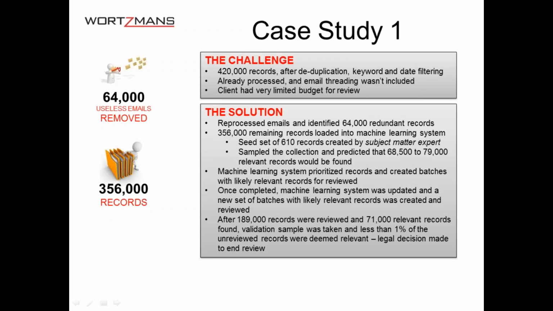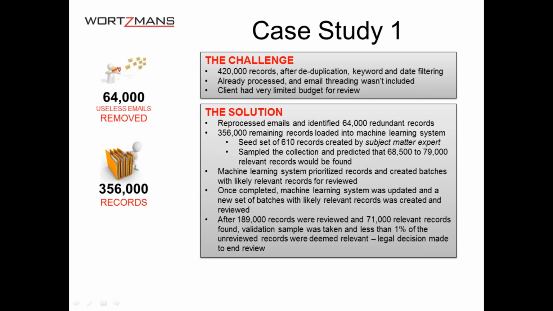The purpose of that sampling was to allow us to predict how many records in the collection would be relevant. So they reviewed that sample set, and the prediction came out at a very early phase that we would have somewhere between 68,500 and 79,000 relevant records. So we knew, out of the 356,000 records for review, what we were looking for.